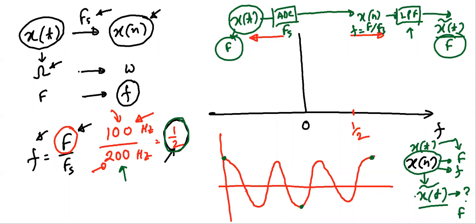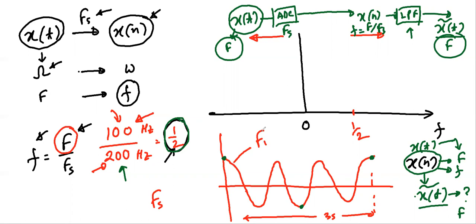Let me give the name: this is our original signal F1, and we have sampled it with the sampling frequency Fs. Let's say this is a time period of 3 seconds.